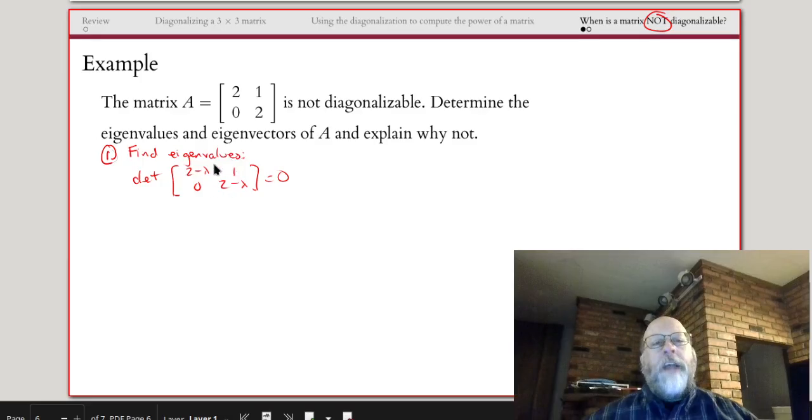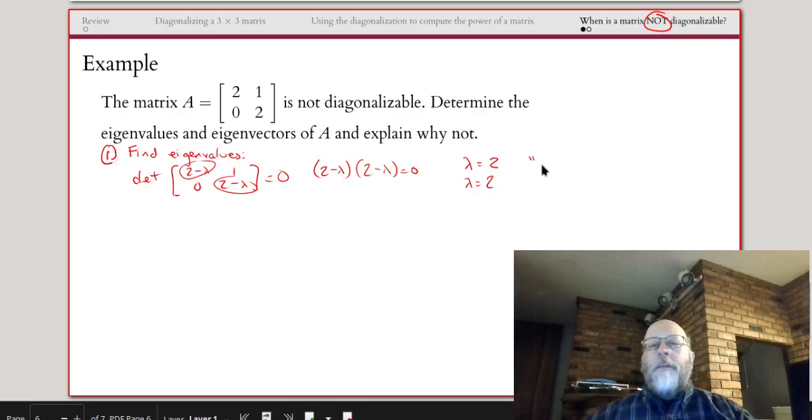But this matrix is in echelon form, so the determinant is just multiplied down the diagonal. The other diagonal is going to give me 0. And so we get 2 minus lambda times 2 minus lambda is equal to 0. And so we only get one eigenvalue. That the eigenvalue of 2 is repeated.